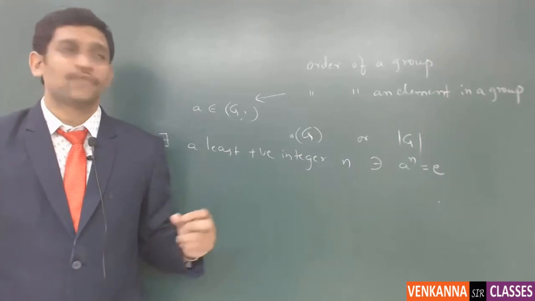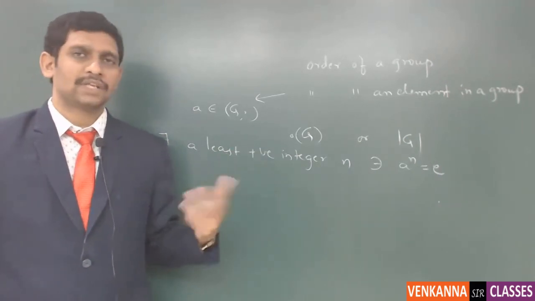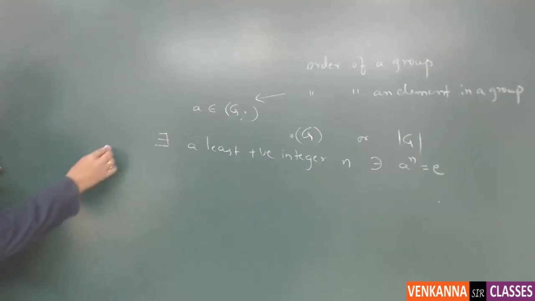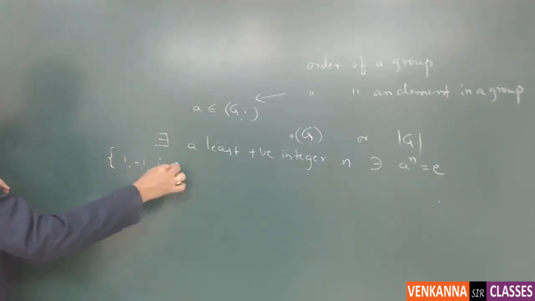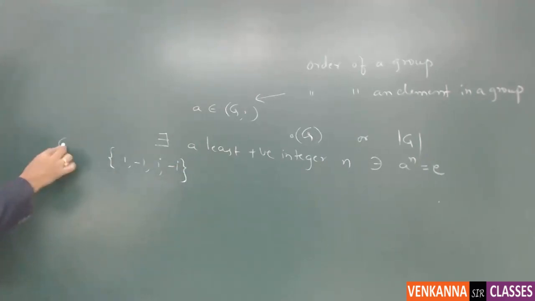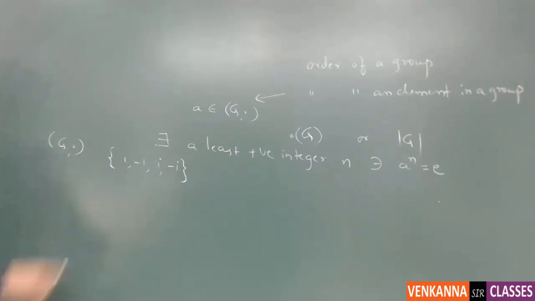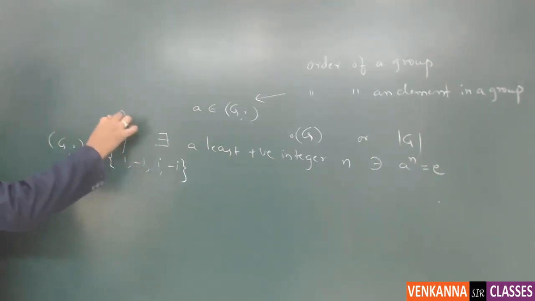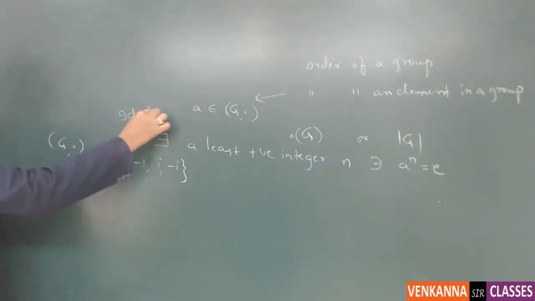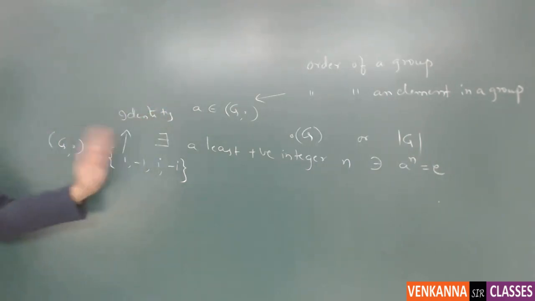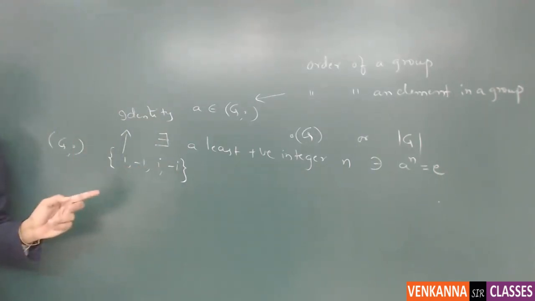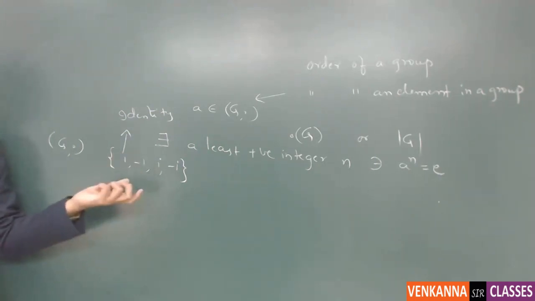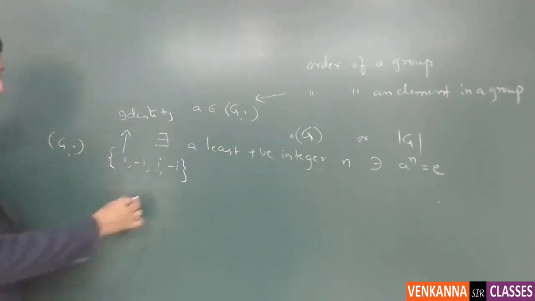Okay, if you want a small example, let us take that. Take the set 1, minus 1, i, minus i. This is the group and the operation is multiplication. Now 1 is the identity, we know that. Apart from this, you have 3 elements in this set. You pick up one element among them, say minus 1.